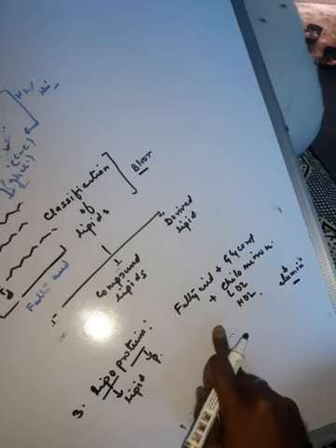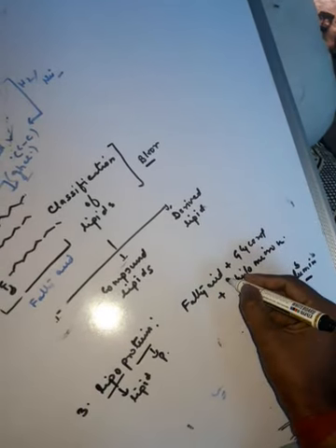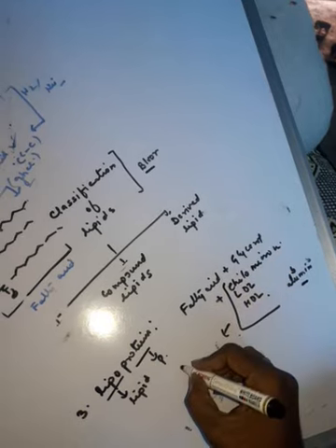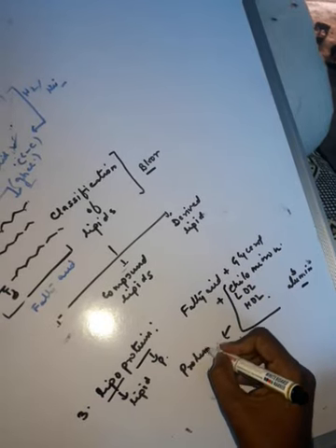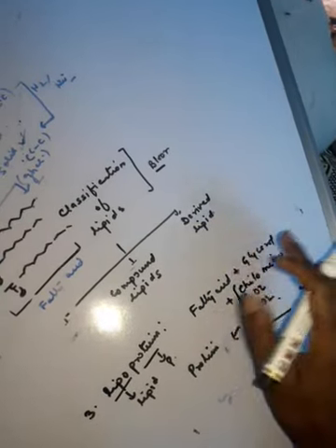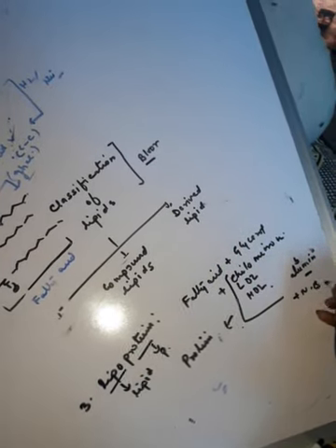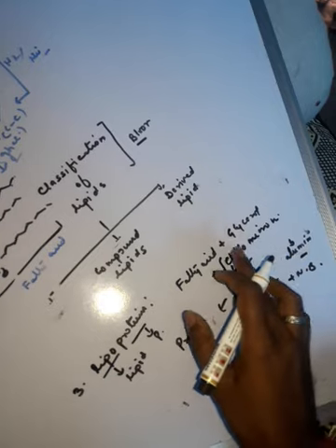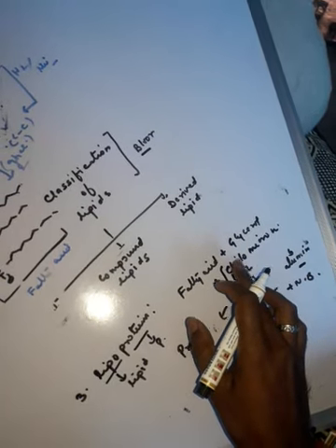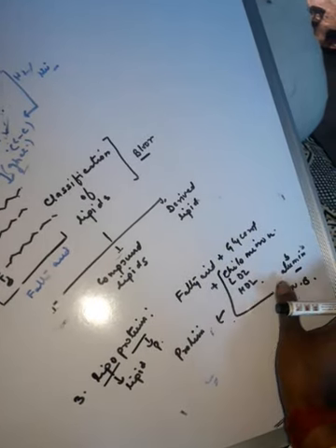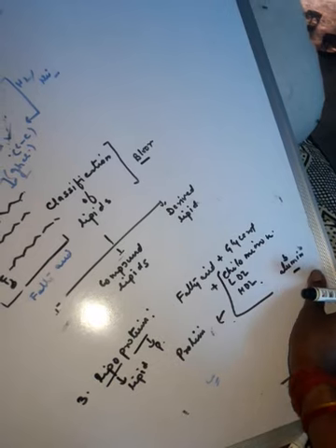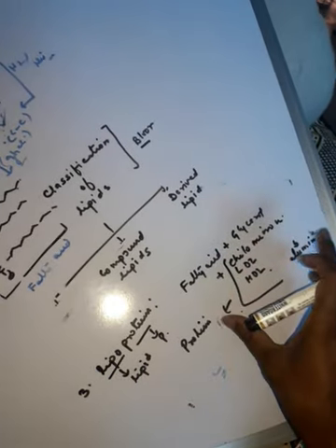Albumin is a protein. So these are the protein fragments. Actually in this part, nitrogen base is not present. So this is the lipoprotein.